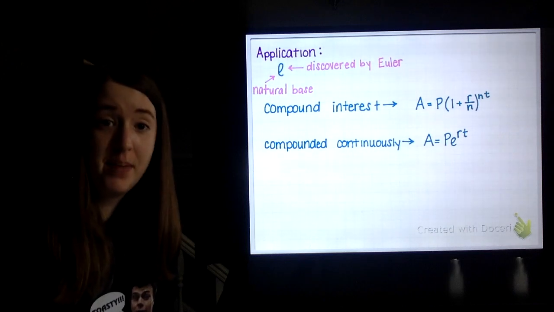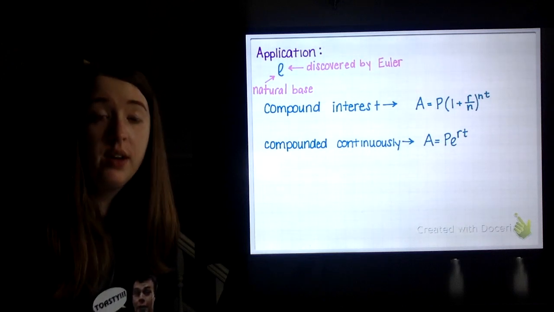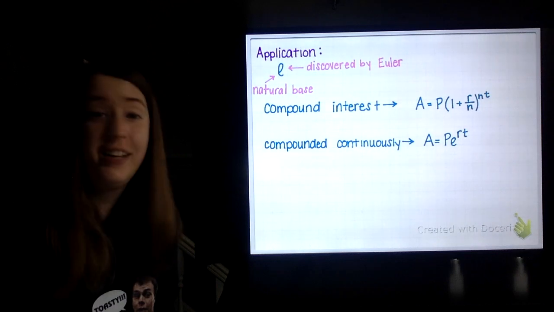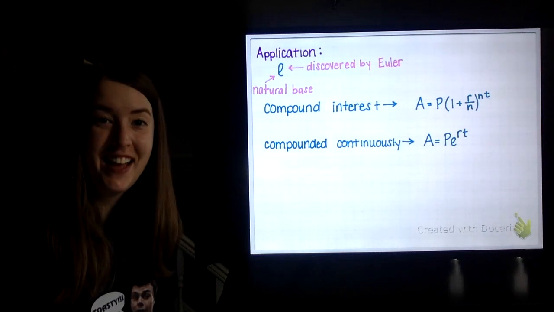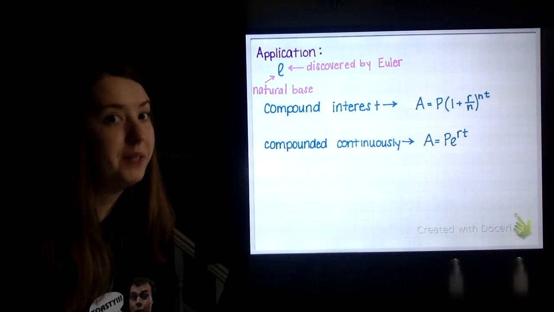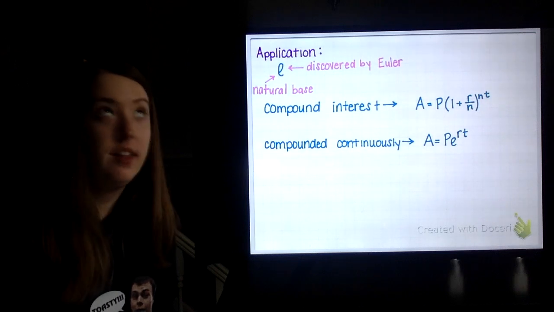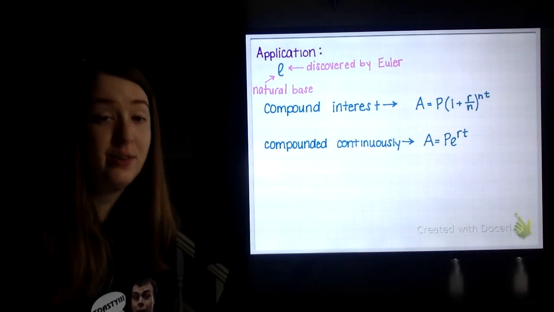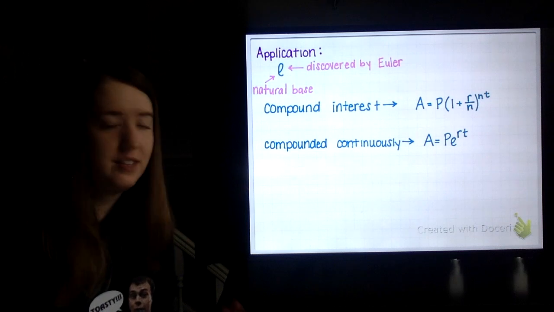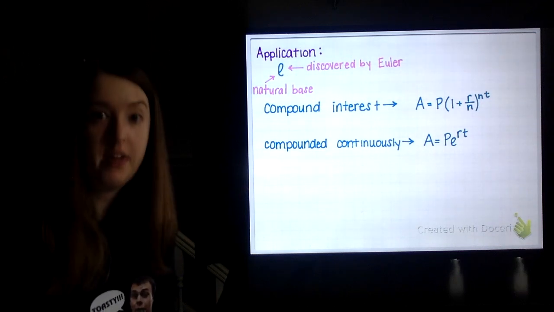If you have some extra time and you're curious about it, look into Numberphile, a YouTube channel. They have a really good video on e. We love to use e in calculus because it's its own rate of change and all those sorts of things. So we love it, period.